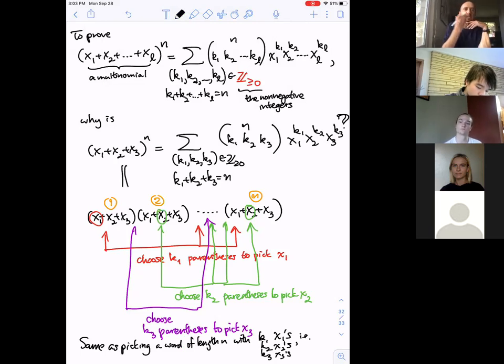It's these rearrangements of three letters, x1, x2, x3, with k1 copies, k2 copies, k3 copies. Seem okay? Okay.